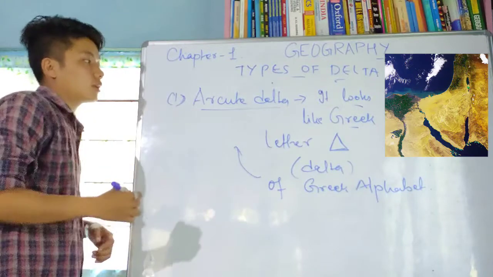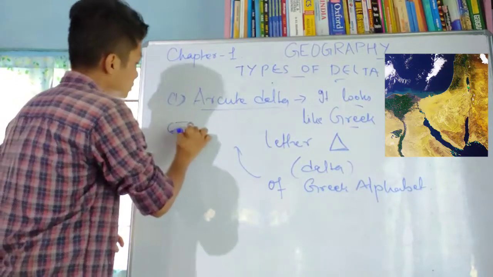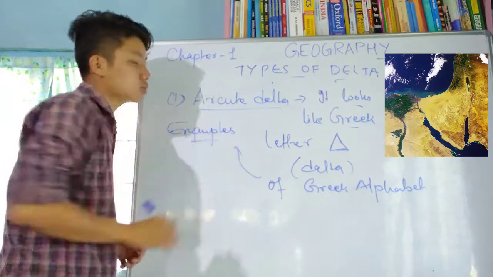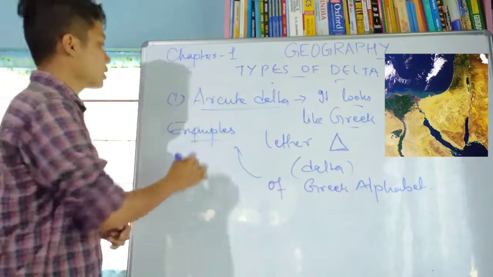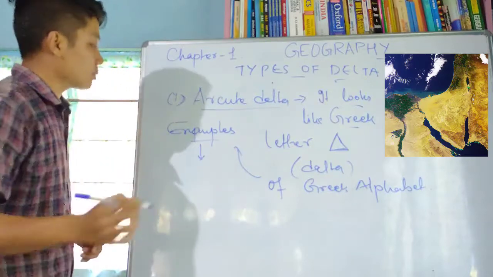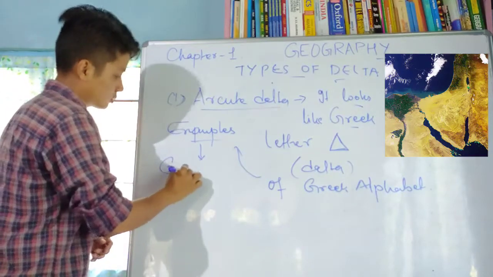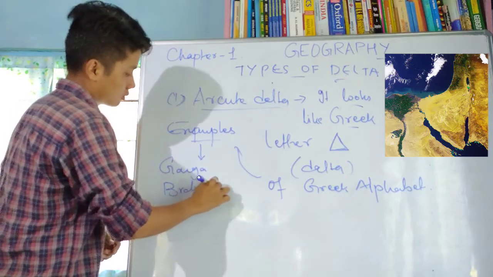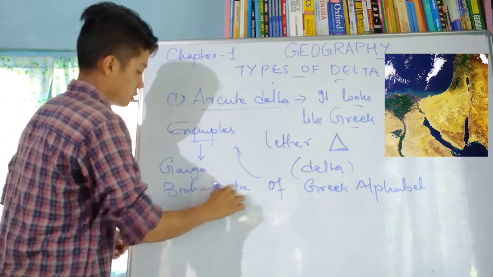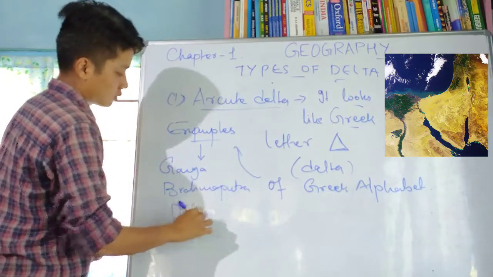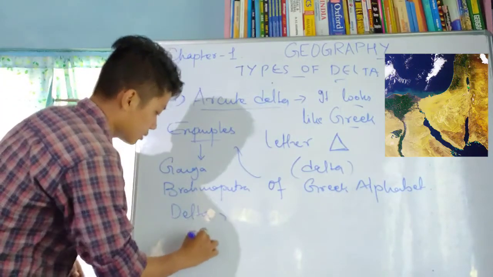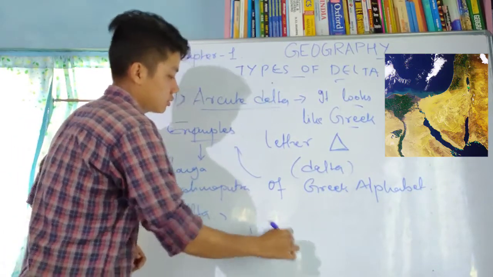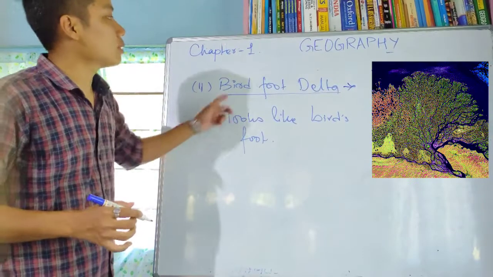If we are asked to give an example of an Arcuate Delta, we can give the example of the Ganga Brahmaputra Delta and the Nile Delta. Next we have the Birdfoot Delta.